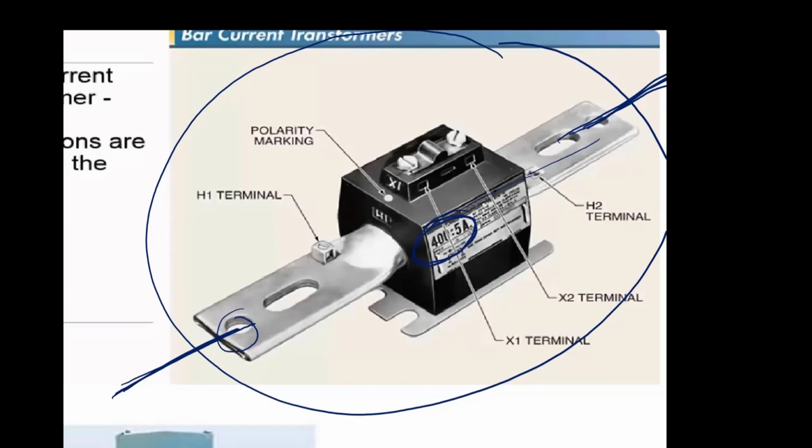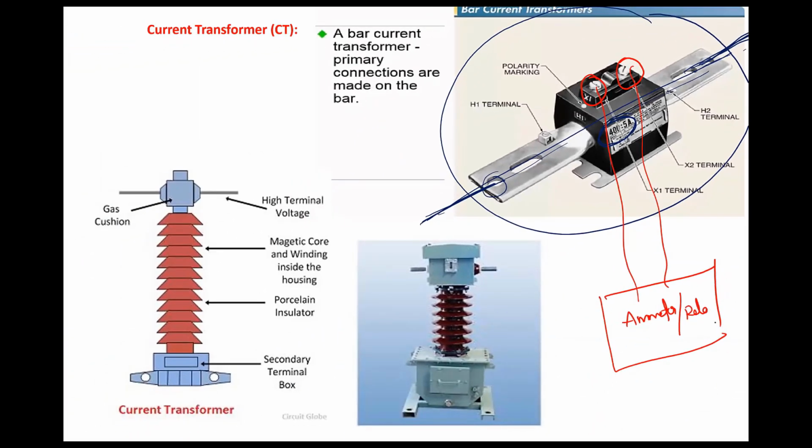Here there are two small terminals in the form of screws, where the secondary connection is made. Here you can see X1, X2, from which you can connect wires to either an ammeter or a relay. This is a low voltage, high current CT.